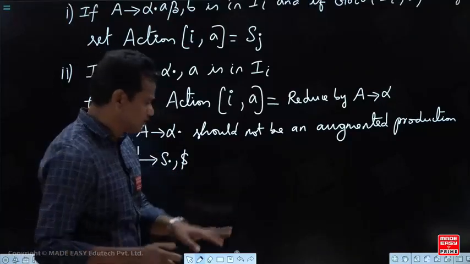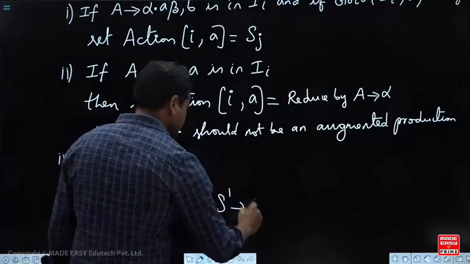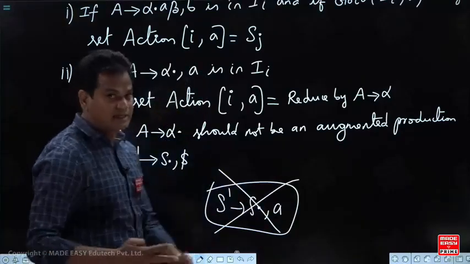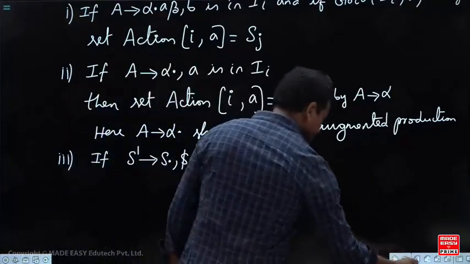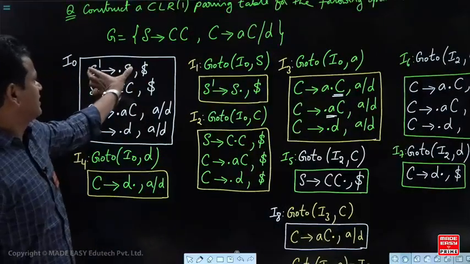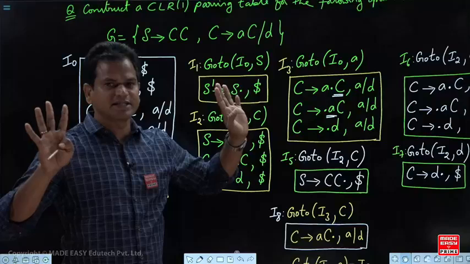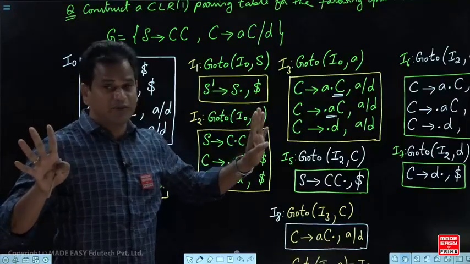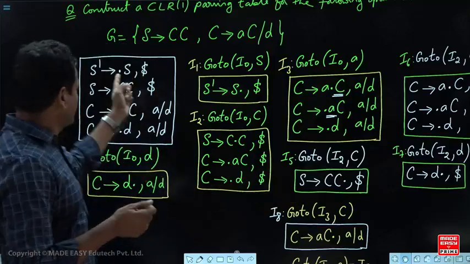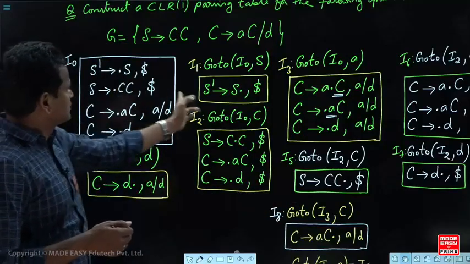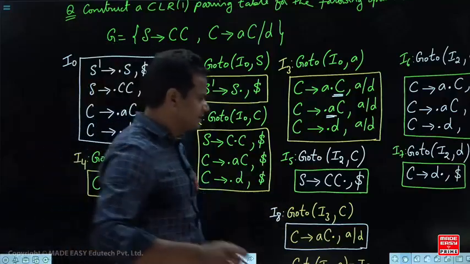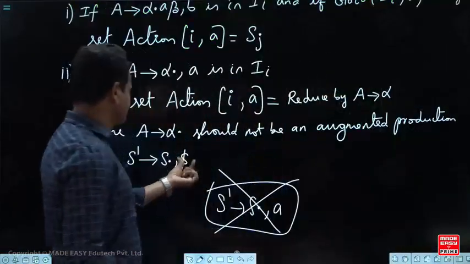You never get S dash derives S dot comma a, because this is the initial one. Whenever we start, initially we start with S dash derives dot S comma dollar. We don't start with S dash derives dot S comma a, b, c, d. So when you write the goto, the dot will be shifted, but the look ahead will be the same. So you never get this kind of any other look ahead symbol.